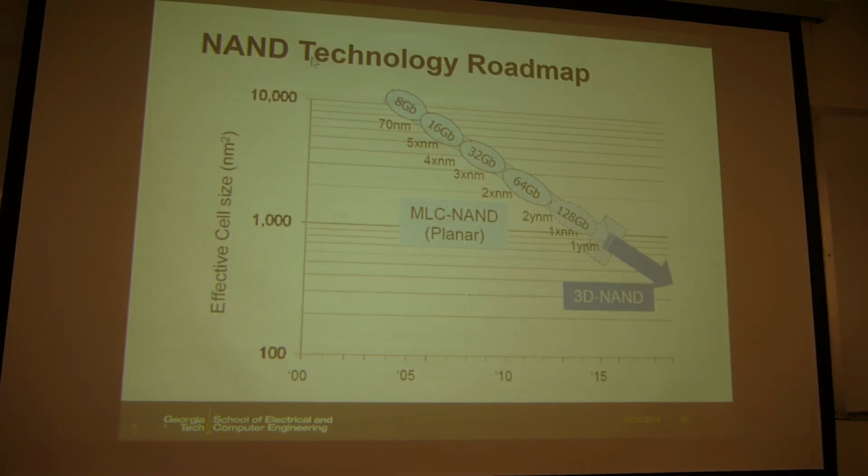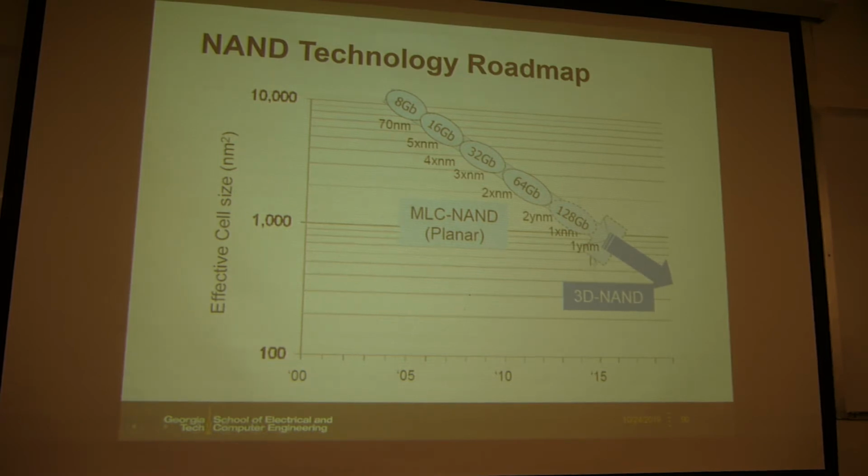If you look at the NAND scaling roadmap, after 2010 it enters this 20-something nanometer. The industry does not like to disclose the exact feature size, so they use 2x, 2y, 2z node, and then become 1x, 1y, 1z node.